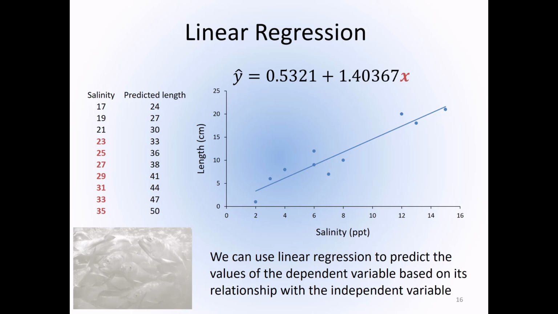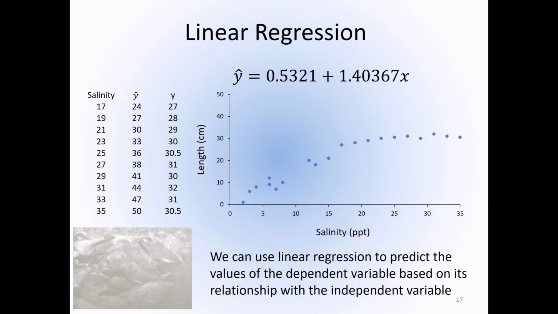Something important to note here is that our predictions are simply that, predictions. They're not actual data. Before we can conclude that these are the trends, we need to go out and collect data from these different salinities, and we may find that our actual data are different than our predictions.